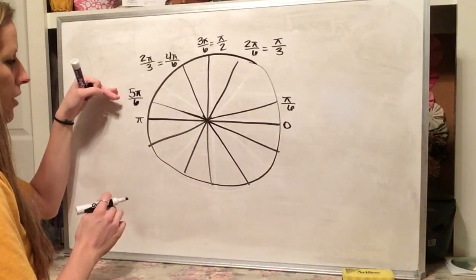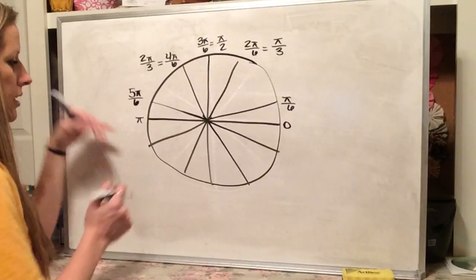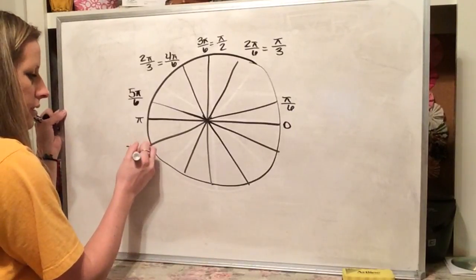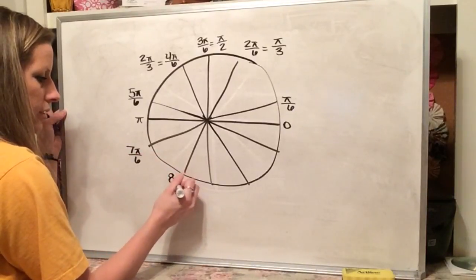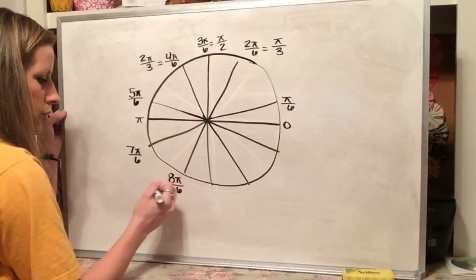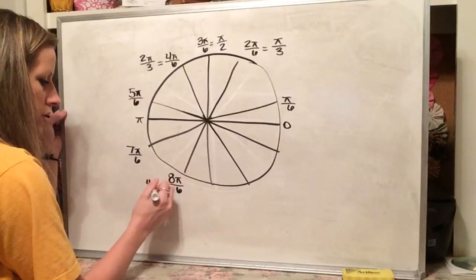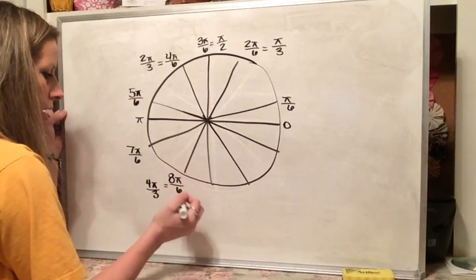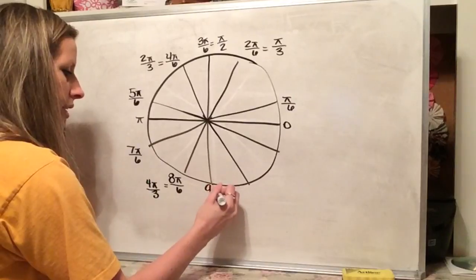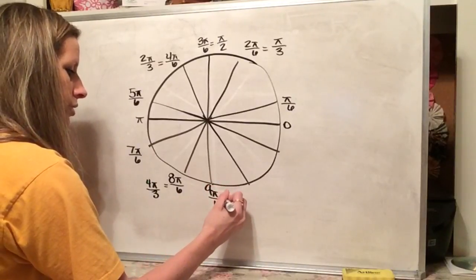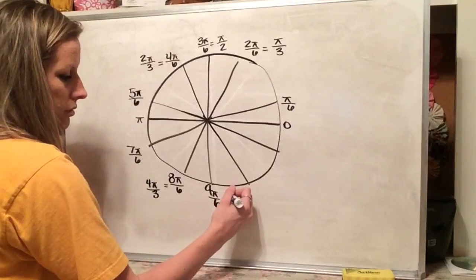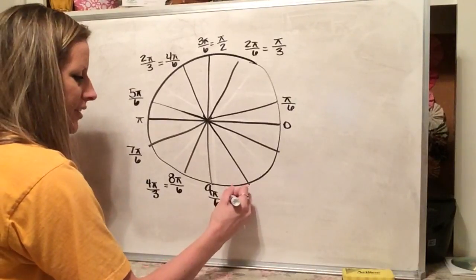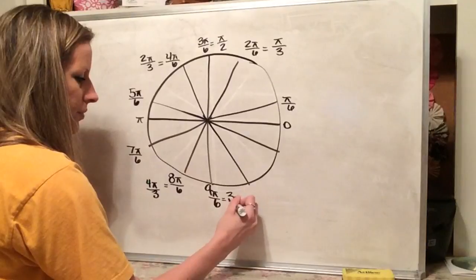We have 5 pi over 6, 6 pi over 6, 7 pi over 6, 8 pi over 6 will reduce to 4/3. Okay, and then we have 9 pi over 6 will reduce to, what is that, 2/3? No, sorry, 3/2. 3 pi over 2.